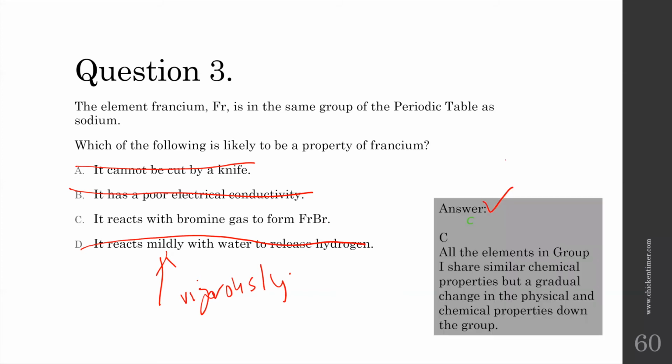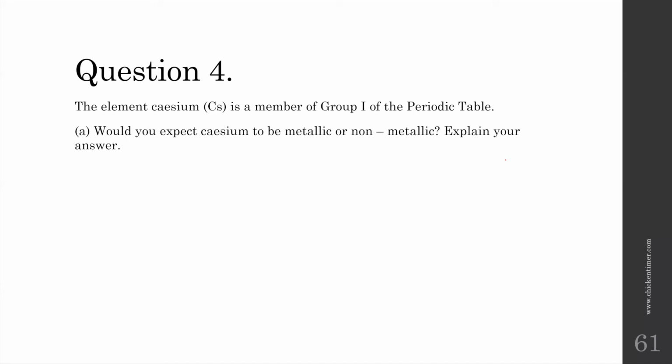Okay. So we have now cesium. Again it says, cesium is a member of group 1 of the periodic table. Would you expect cesium to be metallic or non-metallic? That is part 1. Then they say explain your answer. It's metallic, but to explain whether something is a metal or not is not by the location of the metal.